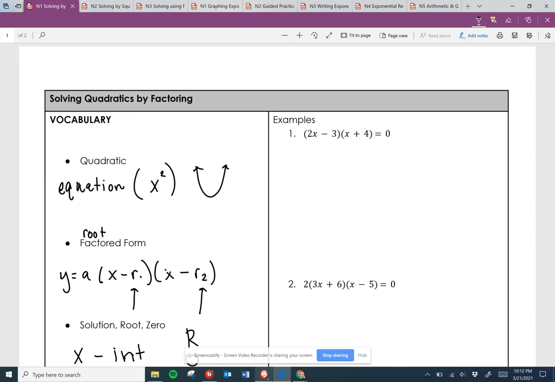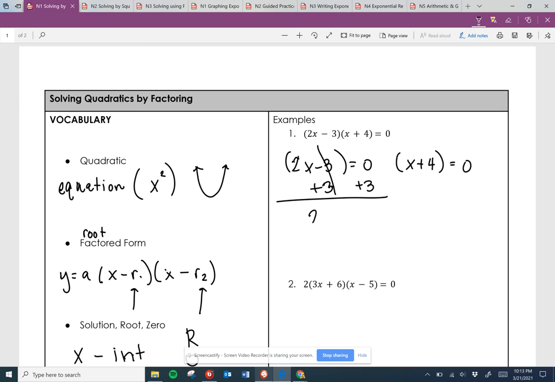This one you can see it is already in that root form. So all you have to do is you just take the two roots, 2x minus 3 equals 0, and then we have x plus 4 equals 0, and we'll add 3 to both sides to get the x by itself. On both of these equations, we're just trying to get x by itself.